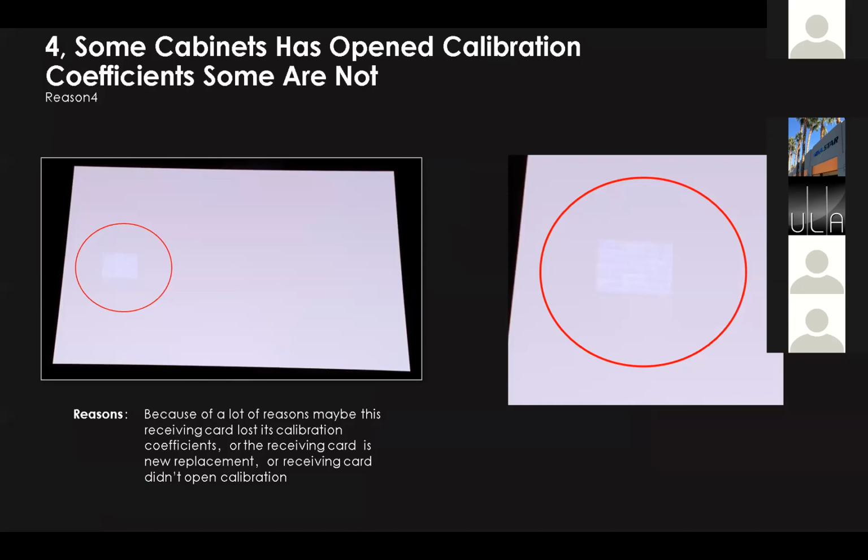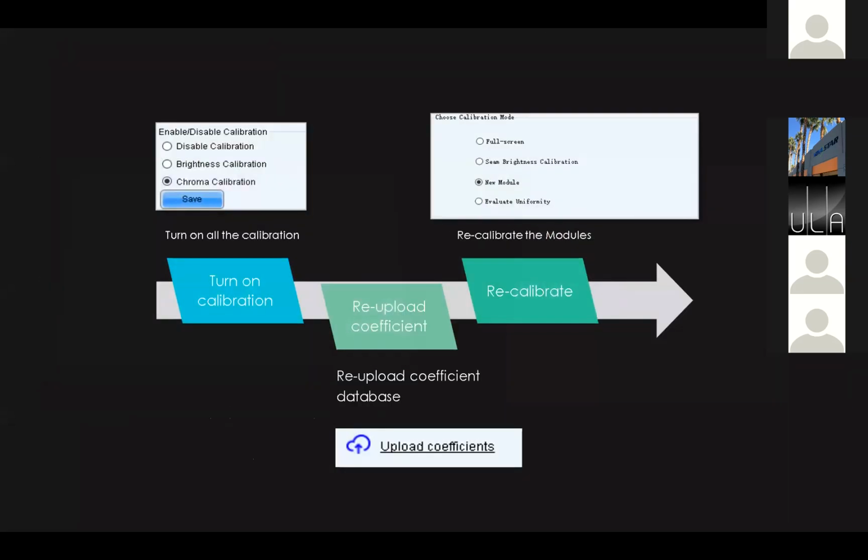So we can manually enable the calibration again. And because of a lot of reasons, maybe this receiving card lost its calibration coefficient, or the receiving card is a new replacement, or the receiving card did not open calibration.